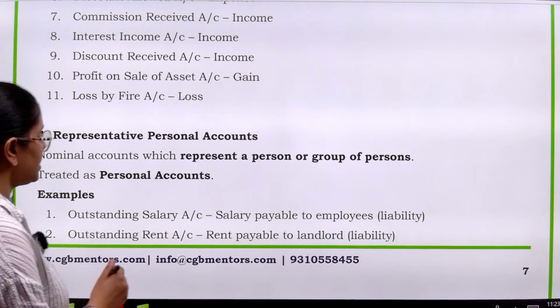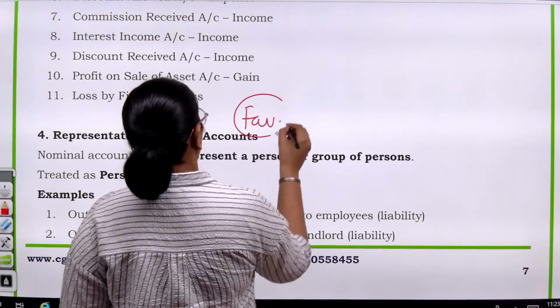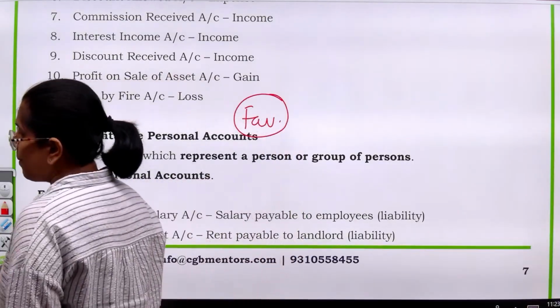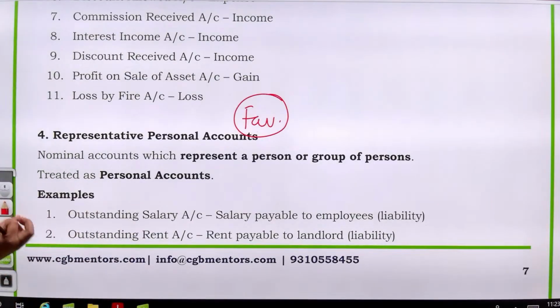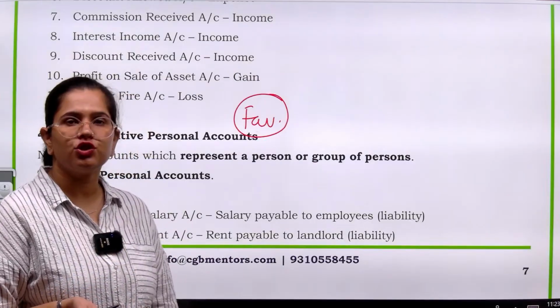Now this is the favorite of the examiner because it creates confusion. Many of the times we only know 3 types of accounts: real, personal, nominal, and it's easy for us to segregate also.